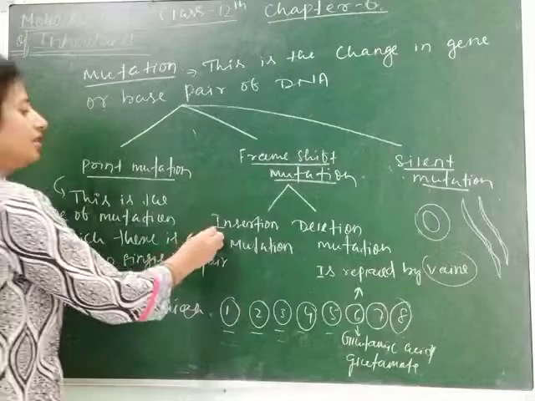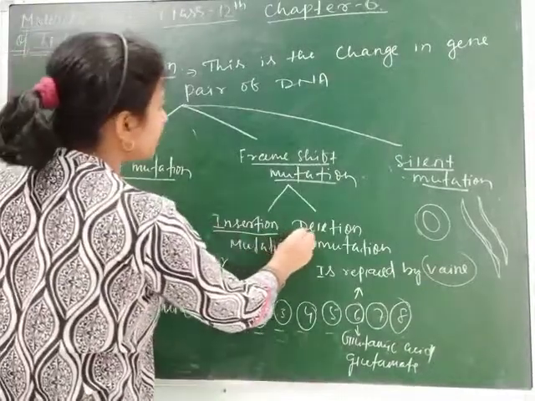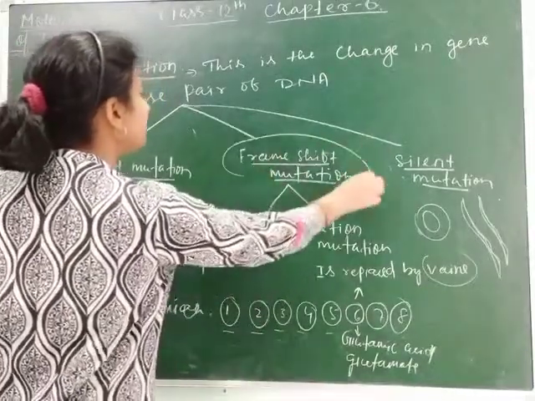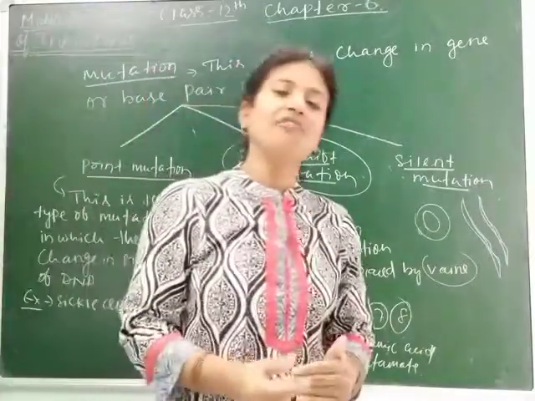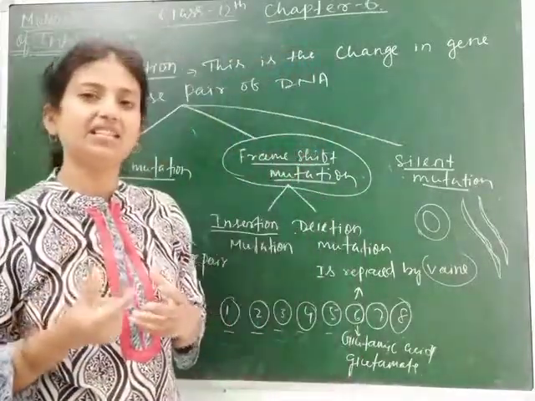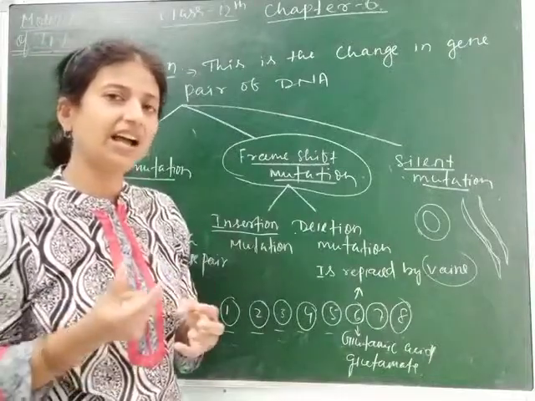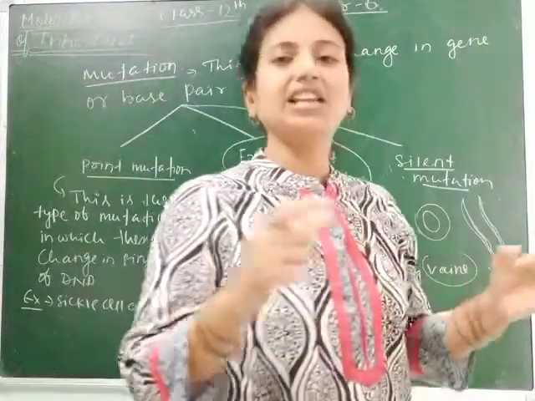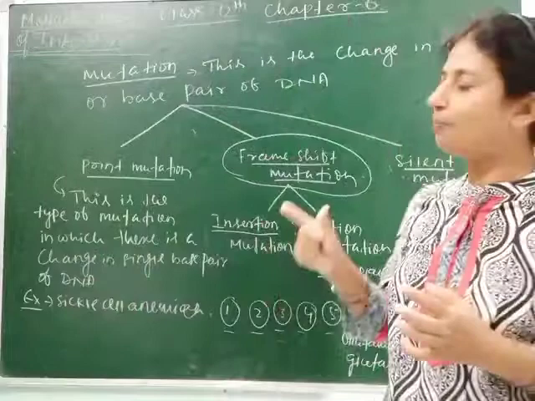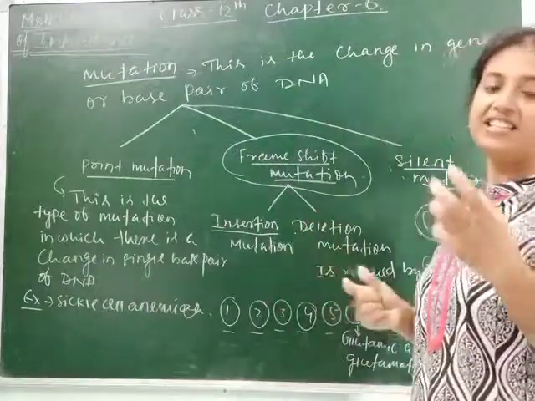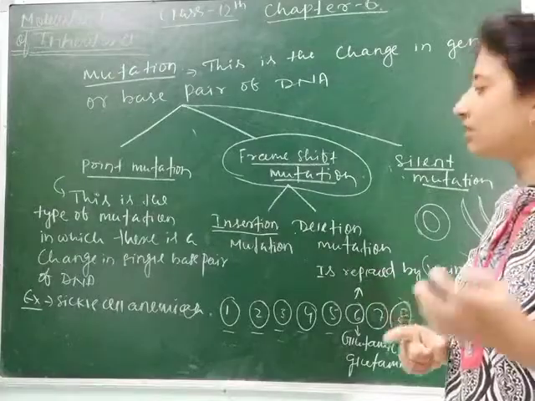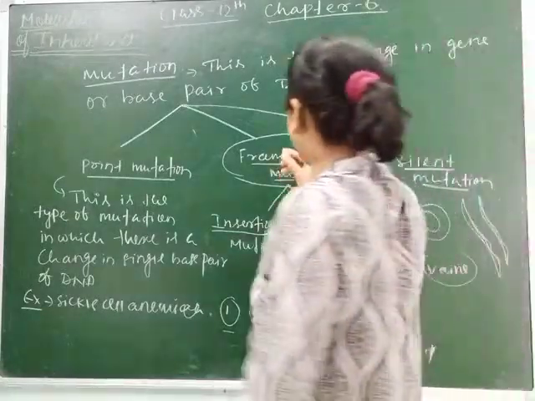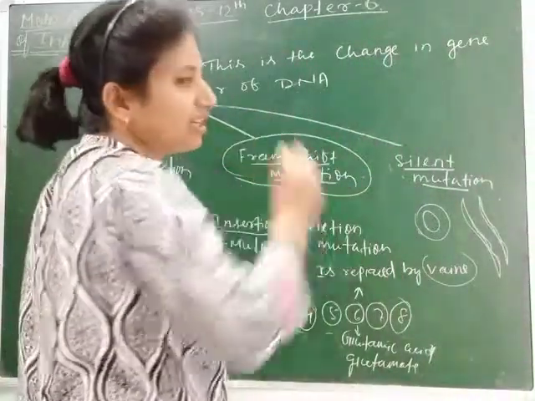Second is insertion and deletion mutation, which comes under frame shift mutation. Frame shift mutation means when an extra base pair enters the sequence of the chain, it changes the whole sequence and can also alter the genetic material. How can we define frame shift mutation?